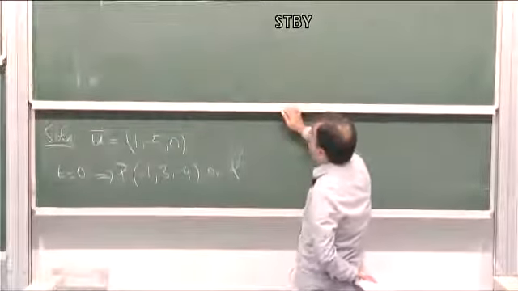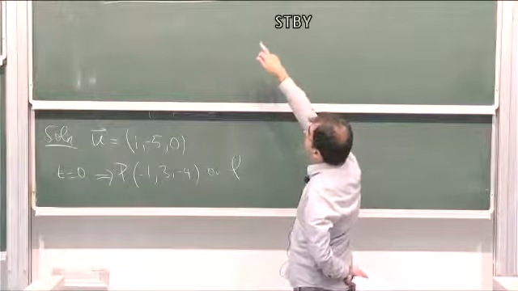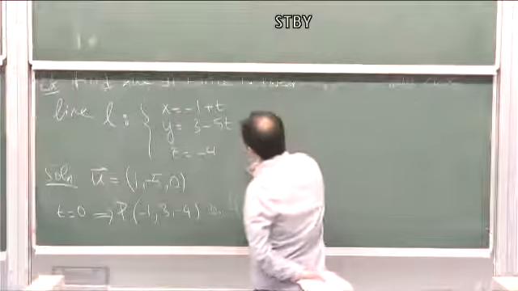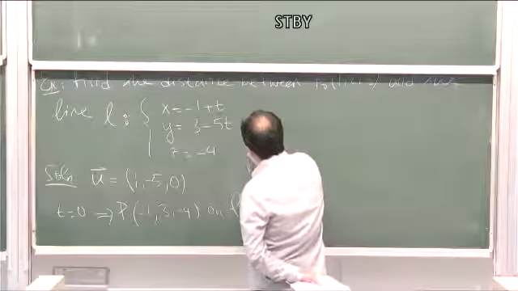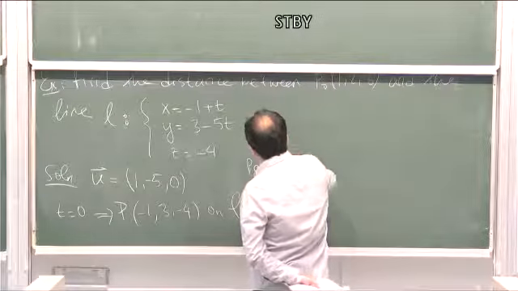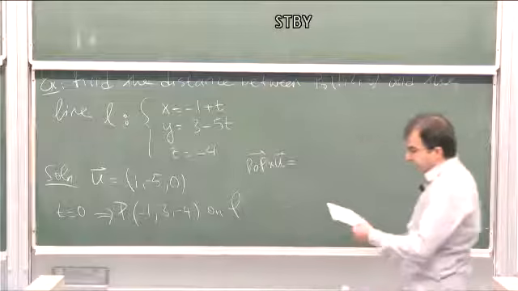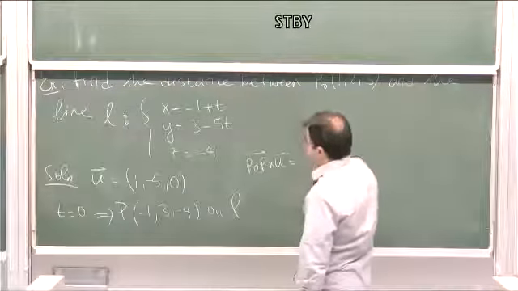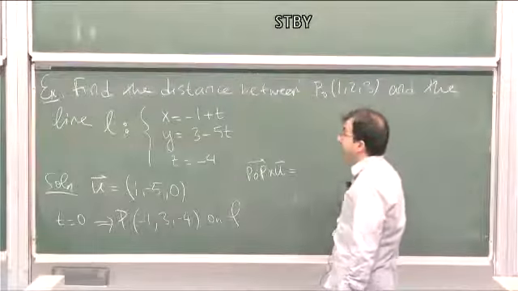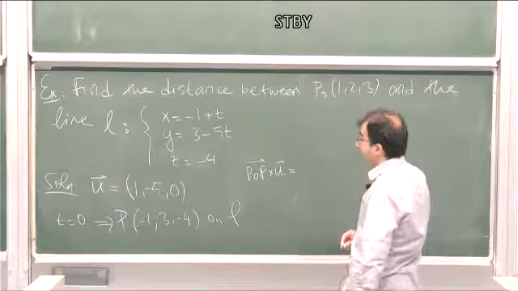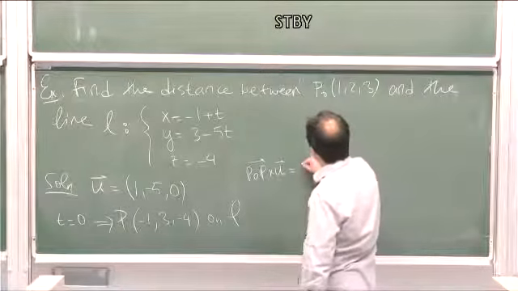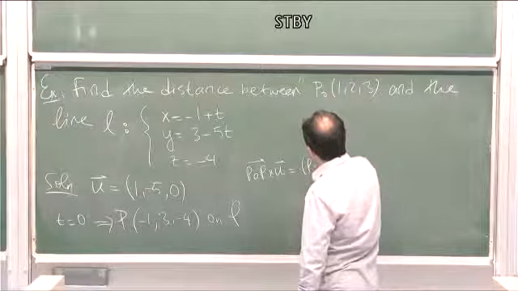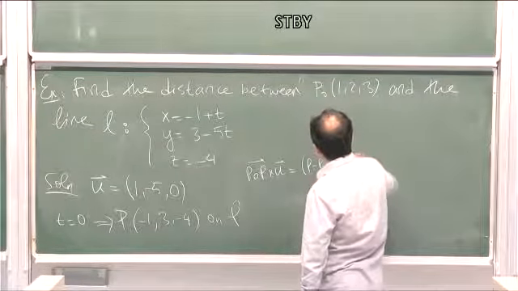Okay. Now I can write in my formula. Well, to apply my formula, I need a cross product. So let's compute P0P cross U. You know, P0P is P minus P0, right? So P minus P0, cross.